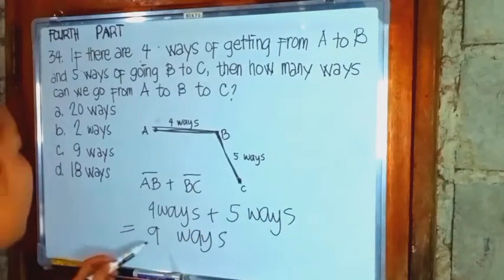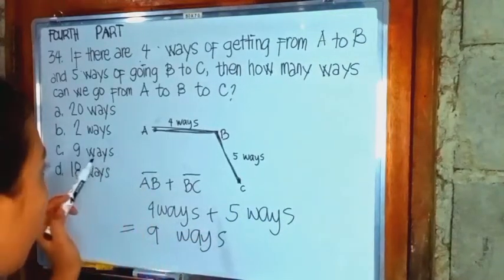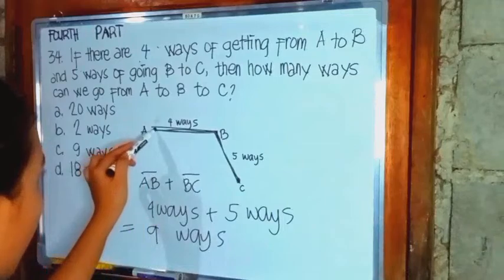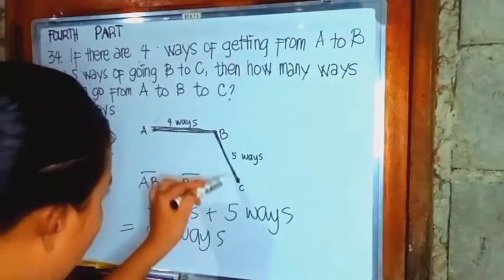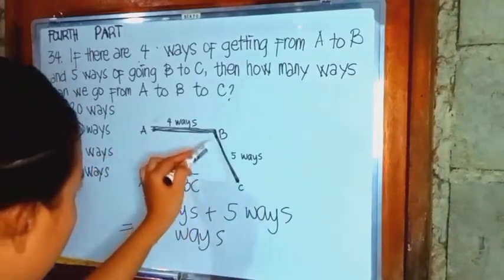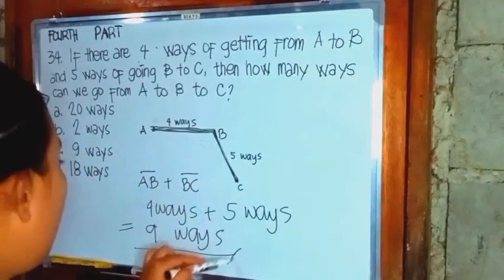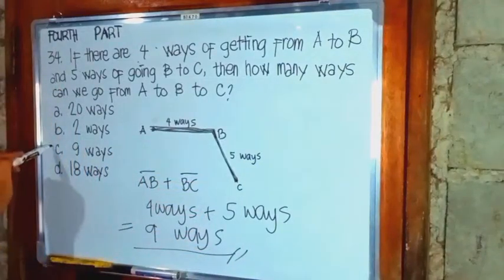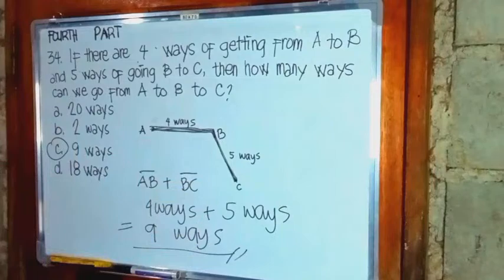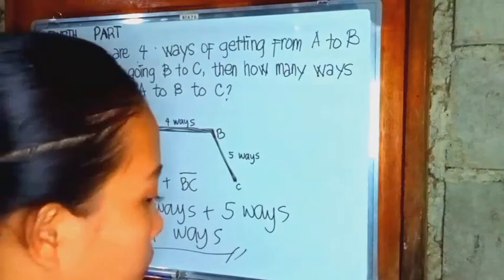Therefore, there are 9 ways of going from A to B and B to C. Therefore, the answer is letter C.